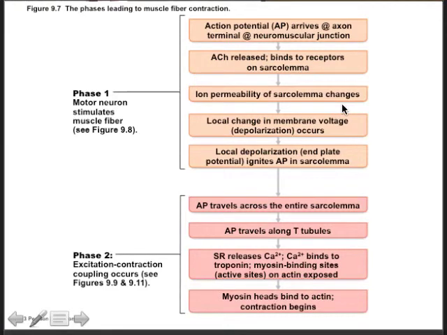Ion permeability in the sarcolemma will change, and this will cause a local change in the membrane voltage, which produces a depolarization. The depolarization, which occurs at an area of the muscle cell membrane called the end plate, which lies just underneath the terminus of the axon, starts the action potential in the sarcolemma, provided that the stimulus from the nerve cell is sufficient to generate the action potential.